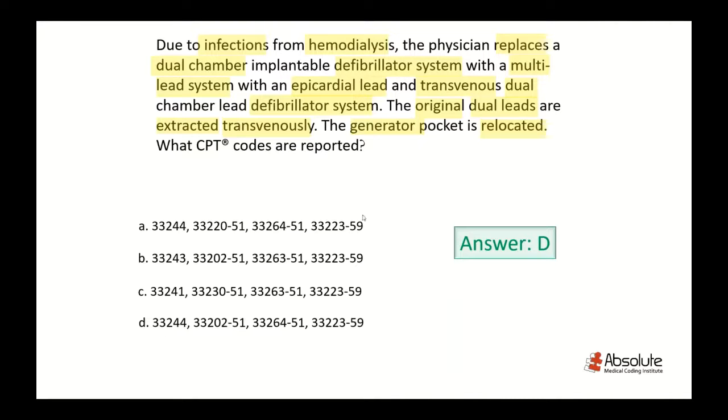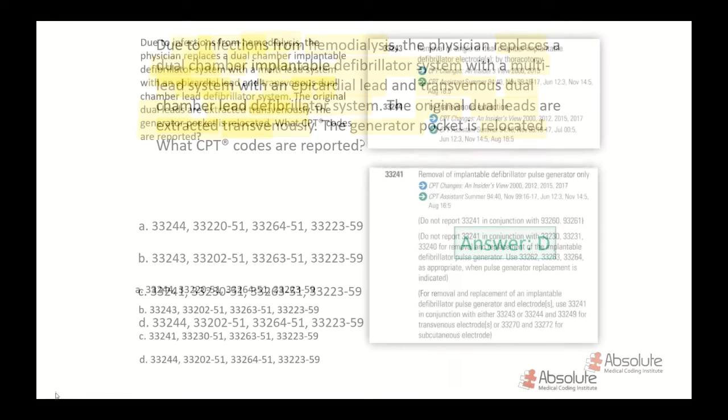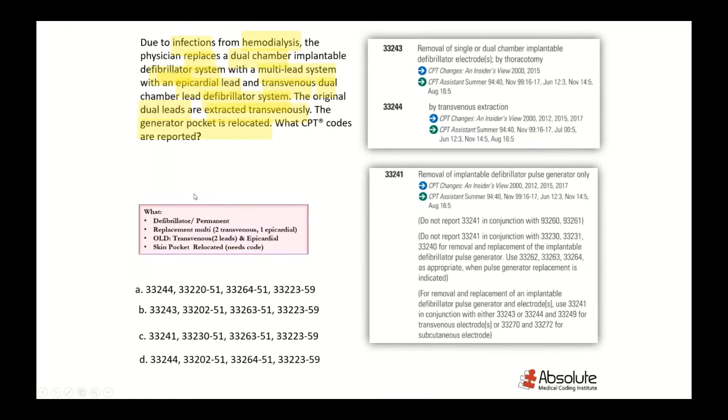See how neat it is, how cool it is. If you just went by those FTR, then you would know that this is what we need. So we know that for the defibrillator, that's what we're coding, permanent. We have the replacement of the old transvenous two leads, which were taken out transvenously and then replaced by two transvenous and one epicardial lead.